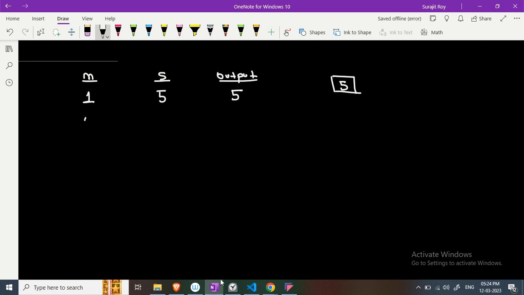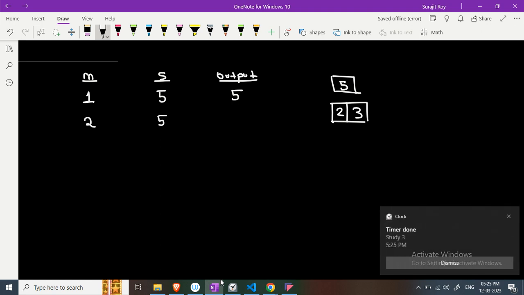Now let's take another example. Suppose n is given as 2 and the sum as 5. What will be the output in this case? The best numbers we can choose are 2 and 3, such that the sum of the elements is 5.